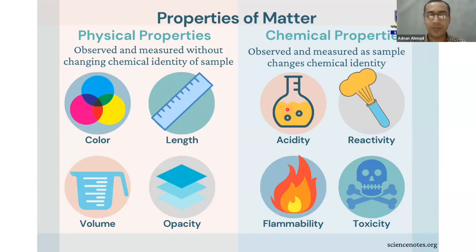So if something is acidic, we would say it has a greater amount of hydrogen in it. So why is the lemon acidic? Because lemon juice contains lots of hydrogen dissolved in it. I hope this is clear.